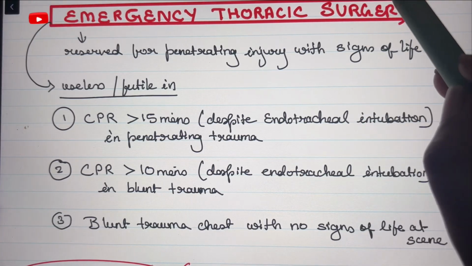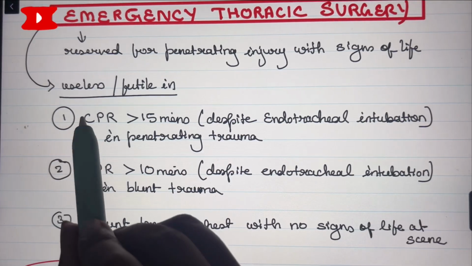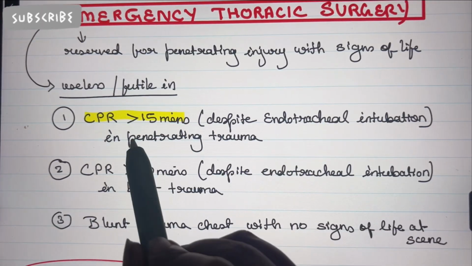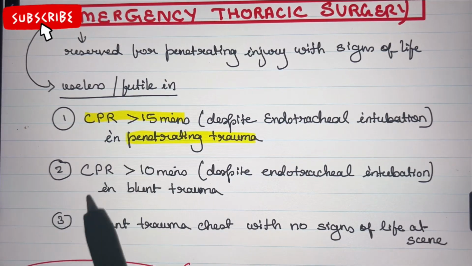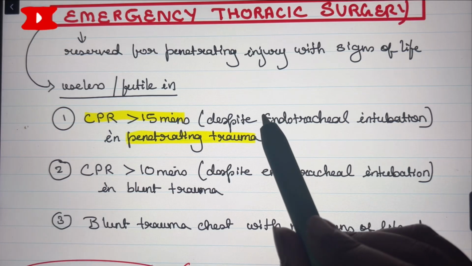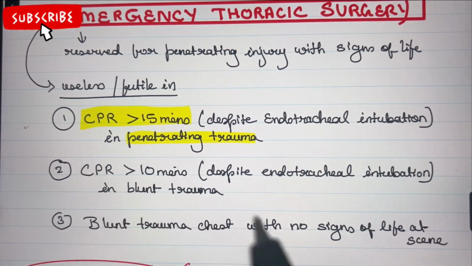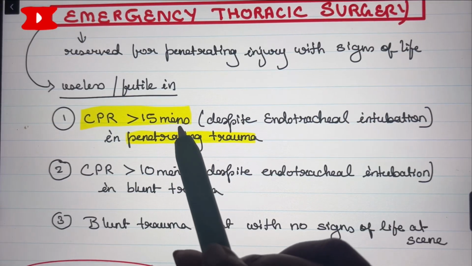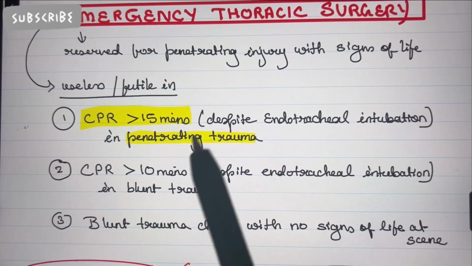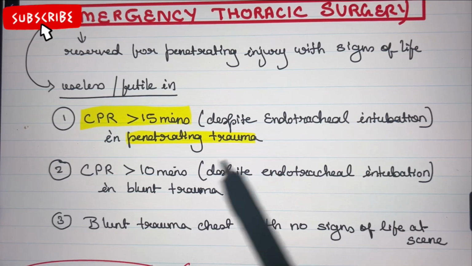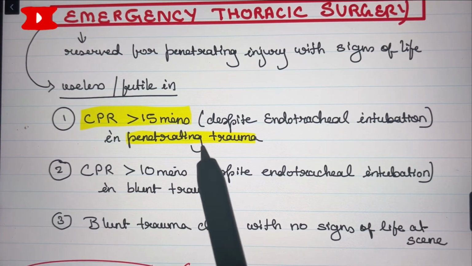So mainly you have to remember these 3 points. Number 1, if there is a penetrating injury and the patient is already intubated, and after intubation you have started CPR and have already given CPR for more than 15 minutes, and still there is no regular rhythm, there is no use of emergency thoracic surgery.